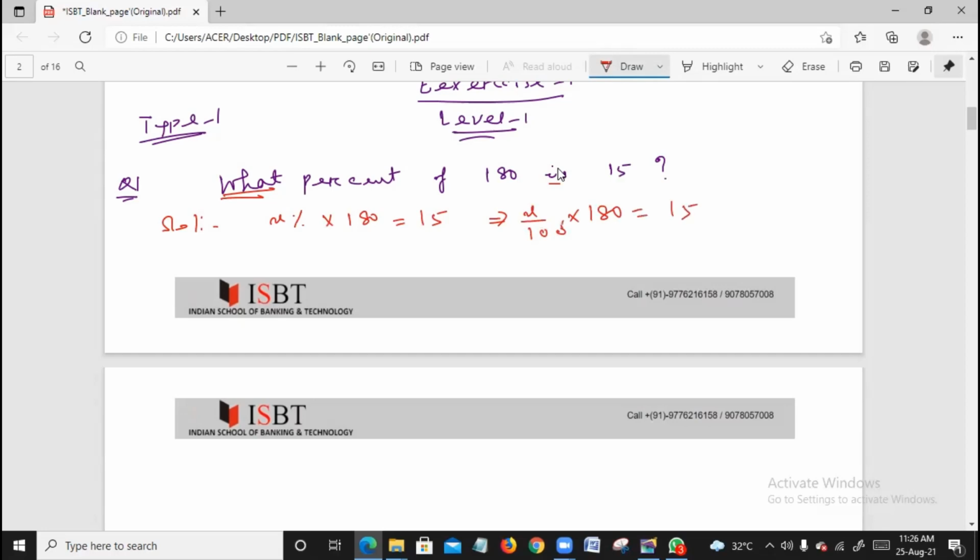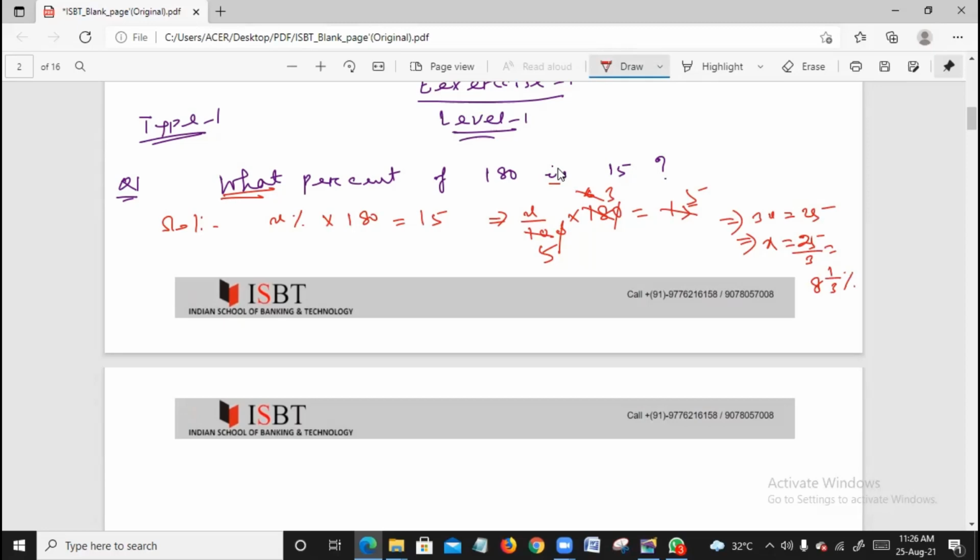Okay, and cancel: 2 sixes are, 2 fives are. Then 3 twos are, 3 fives are. Now 3x is equal to 25, or x is equal to 25 by 3. That means 8 whole 1 by 3%.